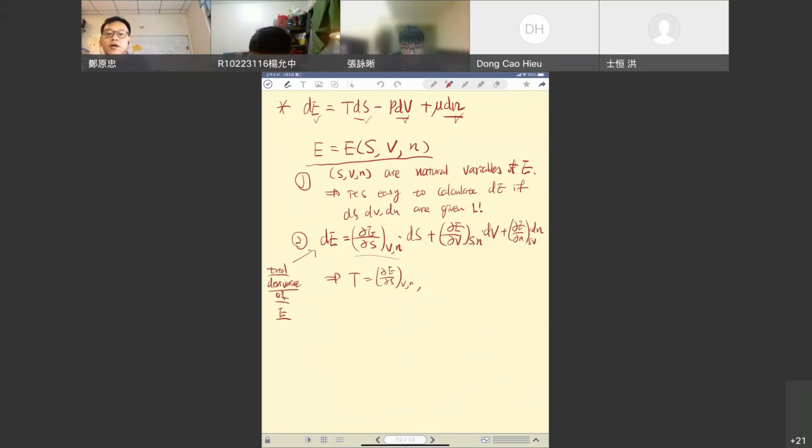And what's more surprising, or actually more useful, is that this will be minus pressure here. So minus pressure is partial E partial V. And this will be chemical potential.